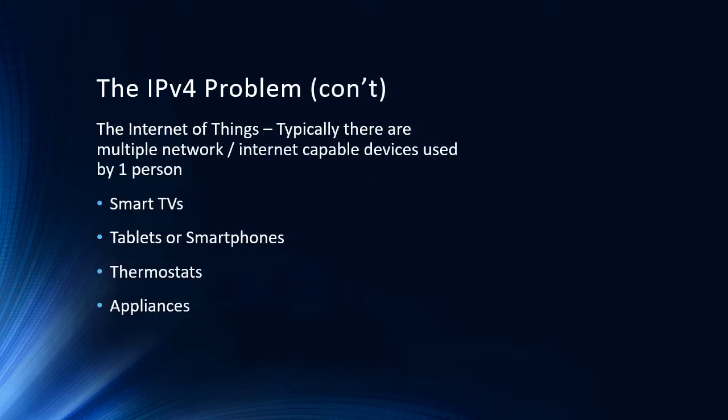The term Internet of Things has been used frequently in recent years. This is the concept of many network-capable devices existing today that connect to a typical network. We have gone from just computers to many devices and appliances that can connect to the internet. Such examples include smart TVs, smartphones, tablets, home thermostats, and even kitchen appliances such as stoves and refrigerators.